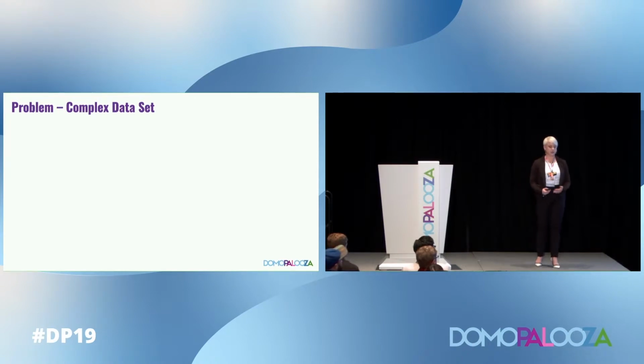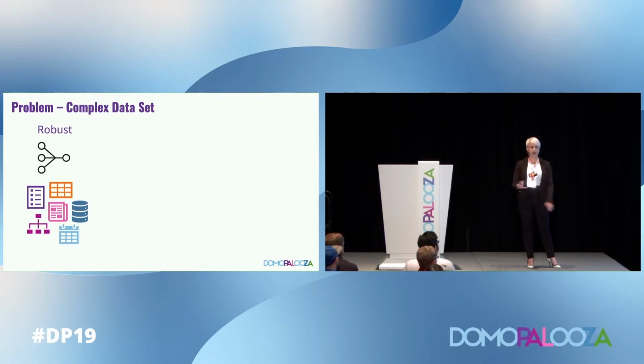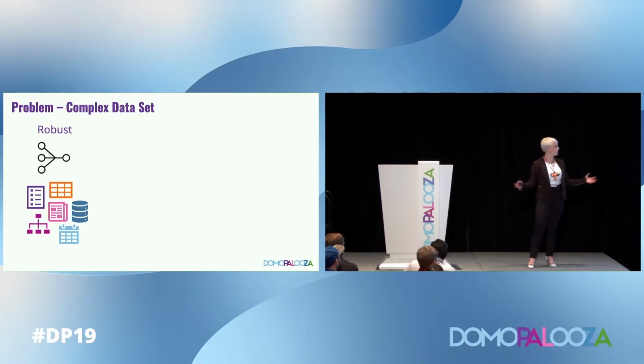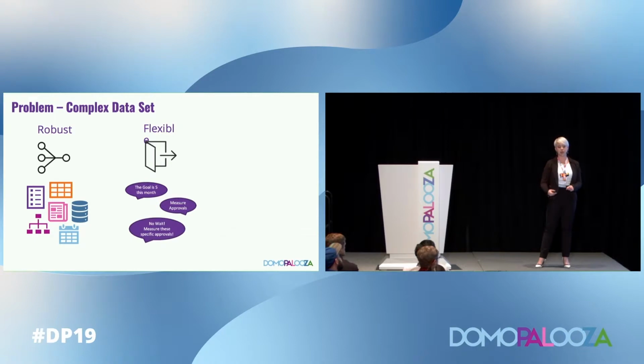In order to create this complex data set, I would need to make sure that it was robust, that it was able to pull together all those different data sources from the hierarchy, from payroll, from attendance, all together in one place so that it can be evaluated all at the same time. It also needed to be flexible enough to be able to change things pretty regularly.